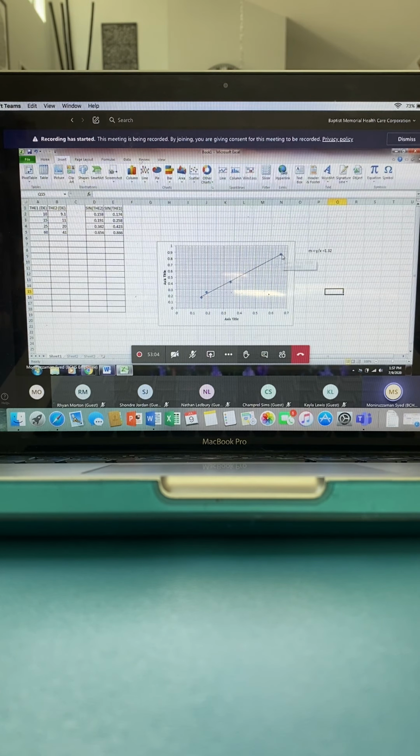Or you can do it this way: y2, the maximum value, minus the minimum value y1, subtracting and then divided by x2 minus x1. If you do that, the exactly same value you get, 1.32.